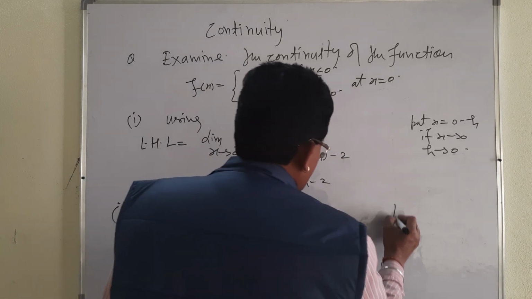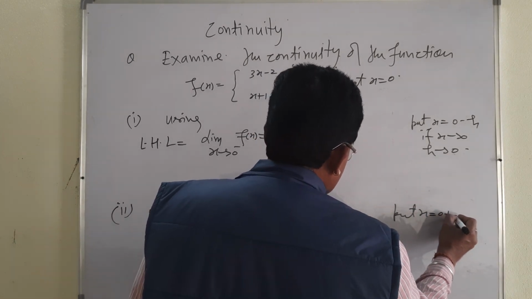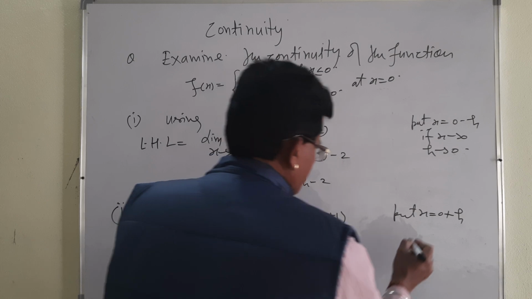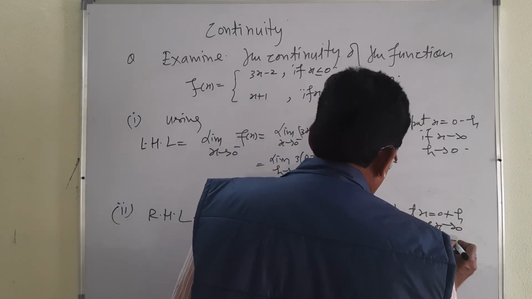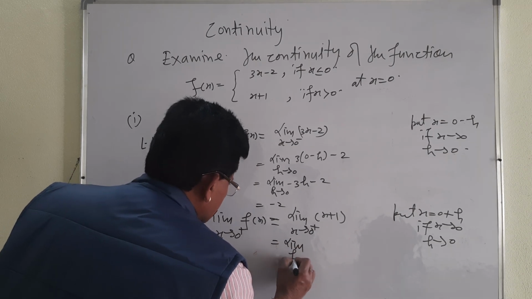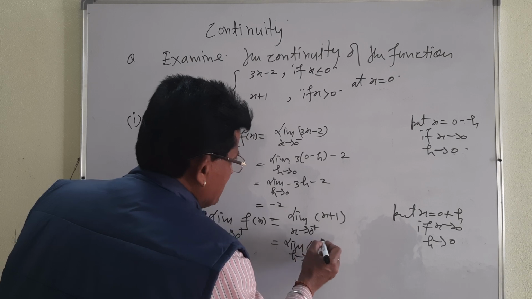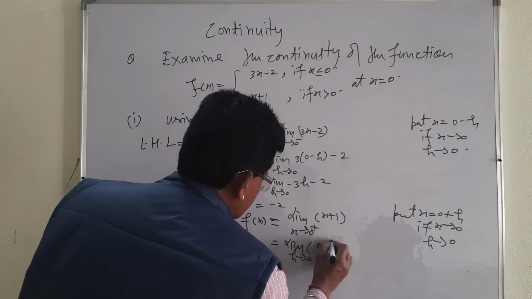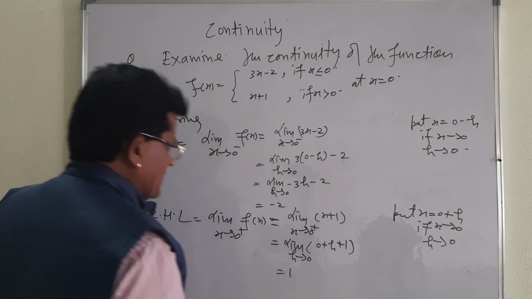A similar kind of thing, you can put x equal to 0 plus h. If x tends to 0, h tends to 0. Limit h tends to 0, in place of x you write 0 plus h, plus 1. Directly you take the limit, this value will be 1.